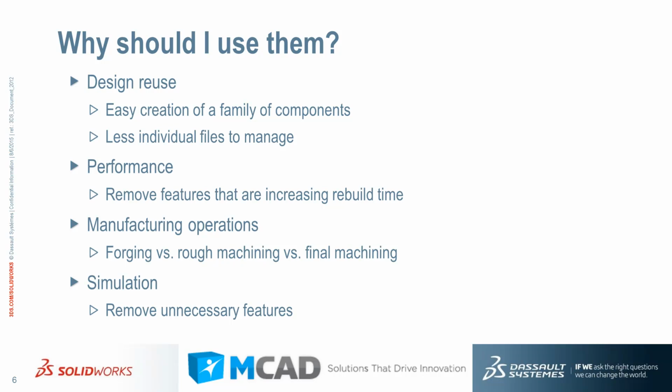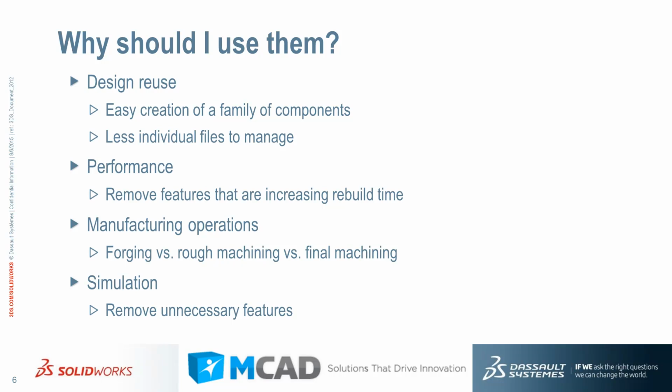Another example is something I use quite a bit: simulation-specific configurations, suppressing what I call unnecessary features here, but they could be cosmetic features, small fillets, maybe engraved text, or simply features that don't contribute to the structural integrity of the part. Suppressing features that could be difficult to mesh.